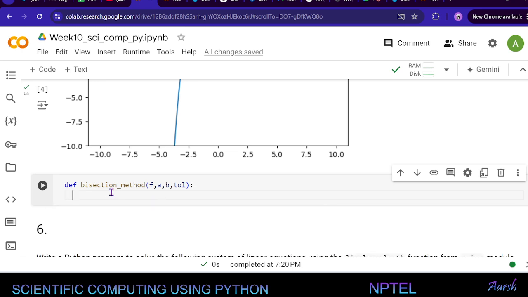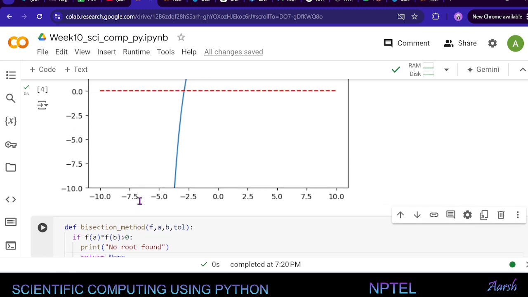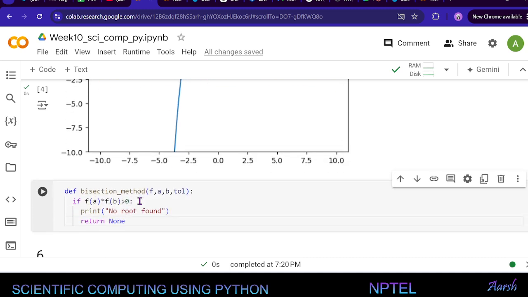So before that, we need to give one condition, that both the points should not be on the same side, right? So it gives this code, which is good. If f of a times f of b is greater than 0, it means both are either positive or negative. So they are on the same side of 0, and then it won't work. So if that happens, then we print no root found.